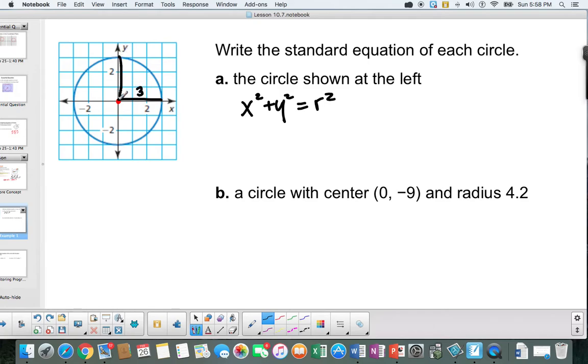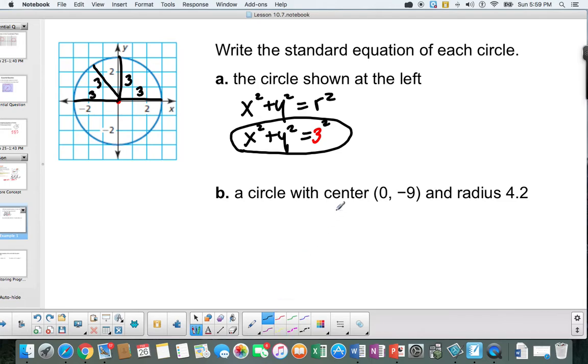Over here it's 3, and over here it's 3, and so on. In fact, any point on any part of the circle is going to be 3 away. So for r I'm going to write 3 squared. This is what we call the standard equation. This is the answer. It describes this circle.